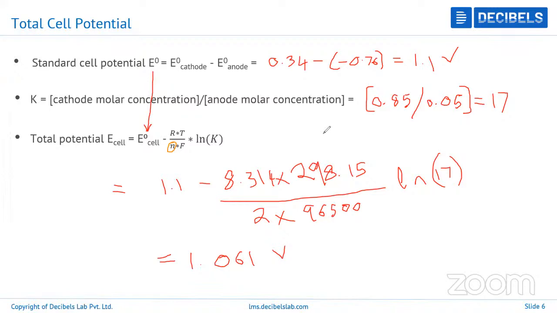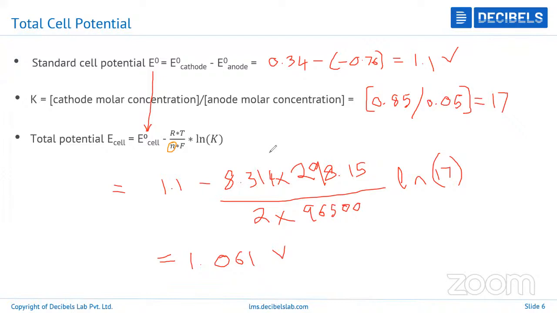K is, again, as I said, what is called the reaction quotient. And K is basically the ratio of the cathode molar concentration to anode molar concentration. So in the previous slide, I had shown what exactly are the molar concentration values. So for cathode, it is 0.85 molar, and for anode, it is 0.05 molar, right?